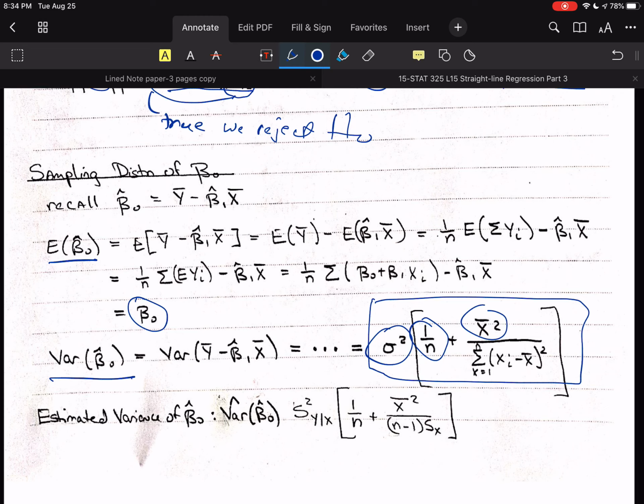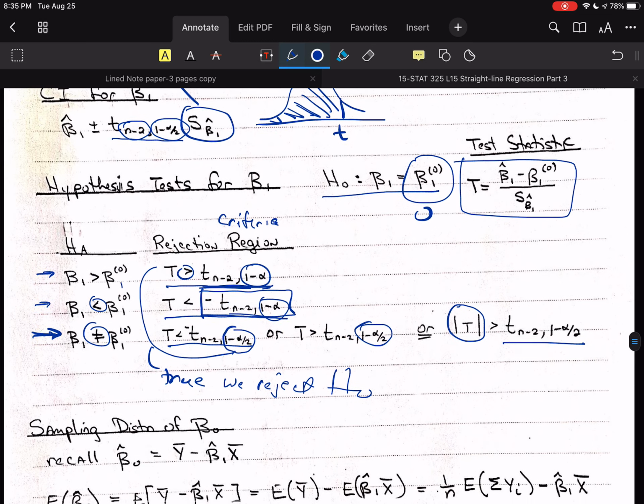And then the estimated variance of beta naught, and this is where we have the hat over the variance and the hat over the beta, that's equal to SSE right here times the 1 over n plus x bar over this.